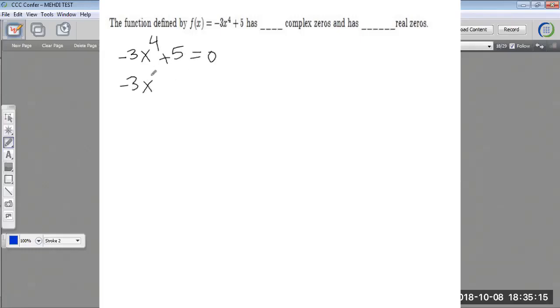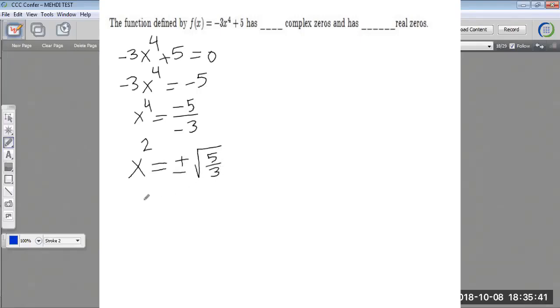Minus 3x to the power of 4 is equal to minus 5, subtracting 5 from both sides of the equation. Dividing both sides by minus 3, I get x to the power of 4 is equal to minus 5 over minus 3. So x squared then is equal to plus or minus the square root of 5 over 3.